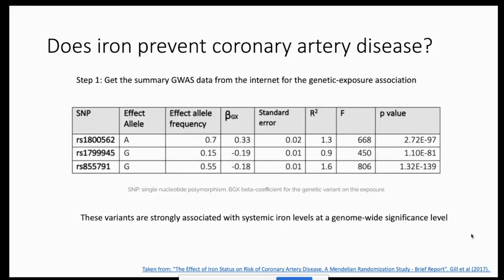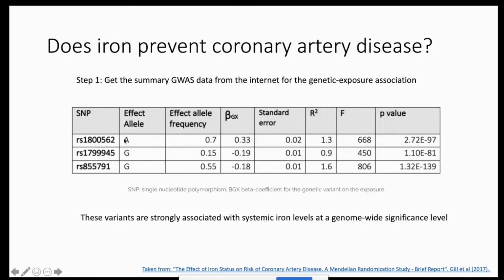So first of all, we're going to get the outcomes for the exposure. Here we've found 3 genetic variants that are strongly associated with systemic iron level. The p-values here are all less than 5 × 10⁻⁸, so they're significant. The SNP is their ID, individual to each genetic variant.